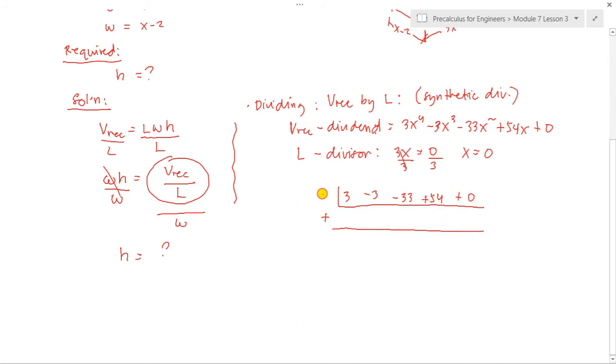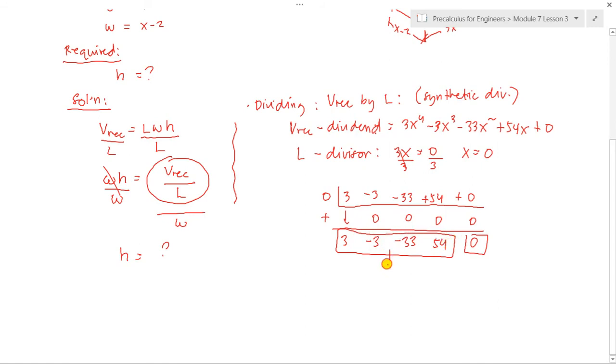Proceed: bring down 3, 3 times 0 is 0; bring down negative 3, 3 times 0 is 0; bring down negative 33, negative 33 times 0 is 0; bring down 54, 54 times 0 is 0; then 0 plus 0 is 0, of course. Since we have no remainder, that is our answer in dividing using synthetic division.